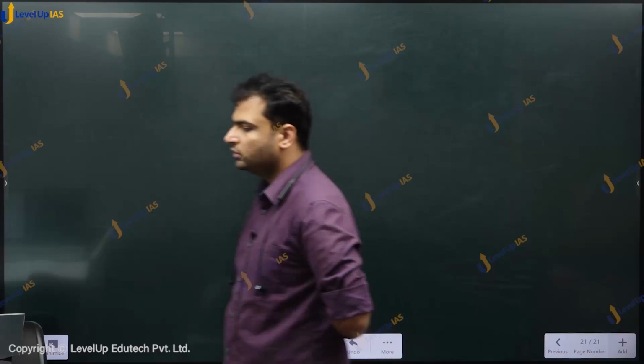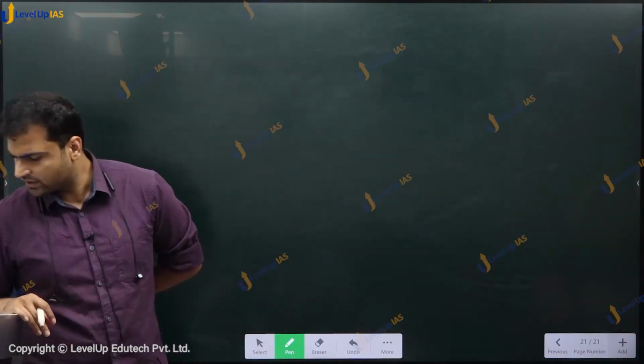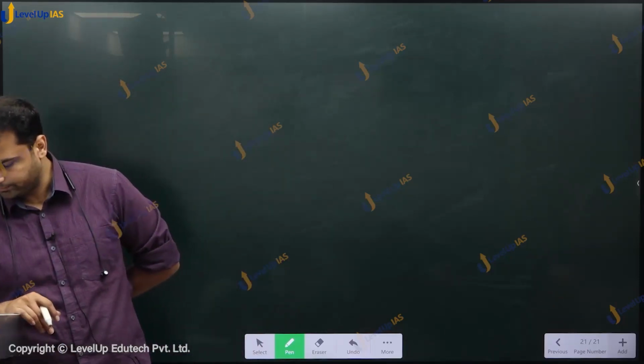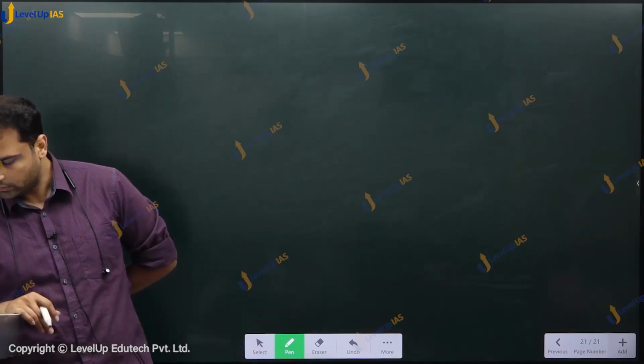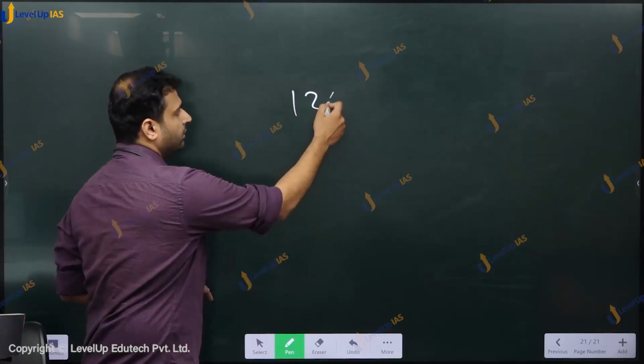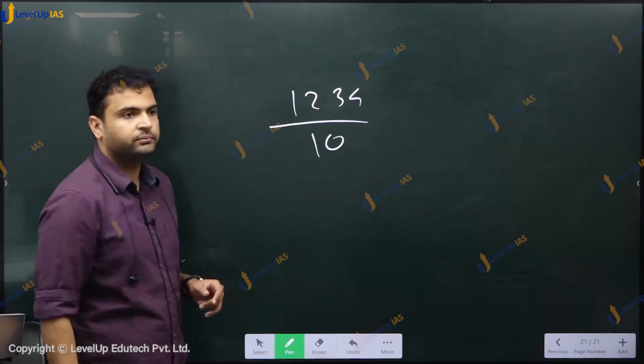Now we come to the final part. Firstly, let us see division by 10, 100, 1000, etc. So if we have, let us say, this number 1234. What is 1234 divided by 10?